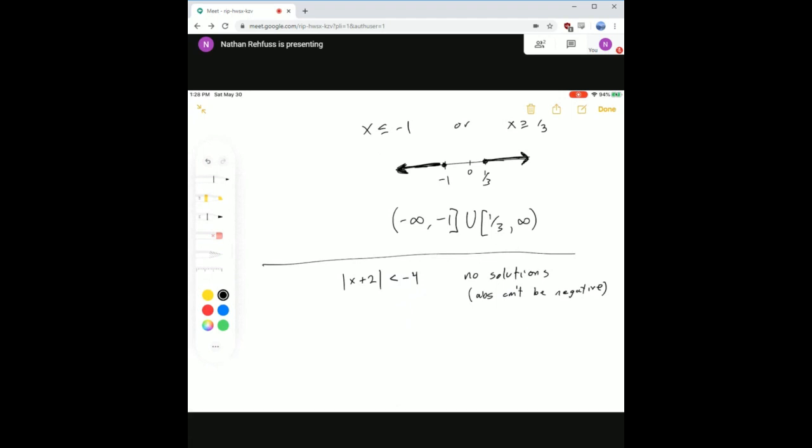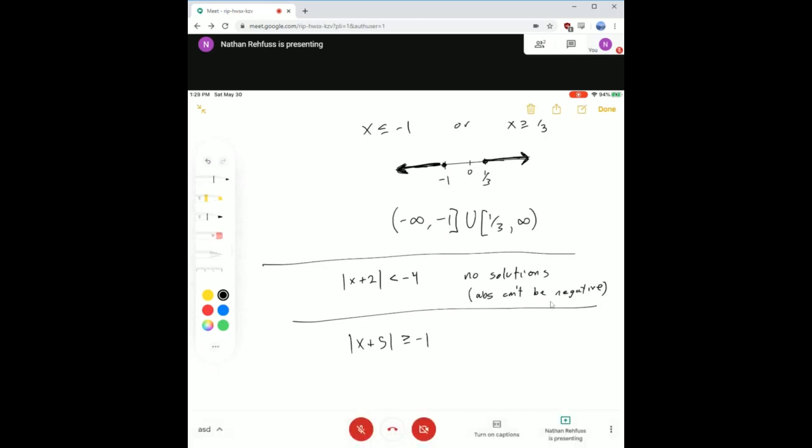Okay, what if instead I said the absolute value of x plus 5 is greater than or equal to -1? So this is a restraining order. We have to stay at least -1 units away. Well, that's closer than right on top of the thing.